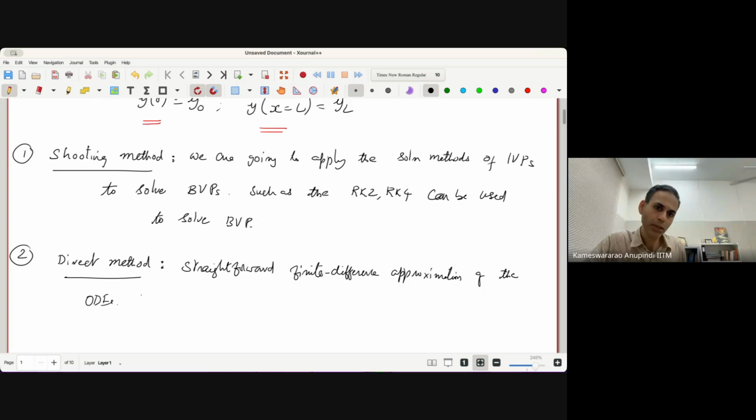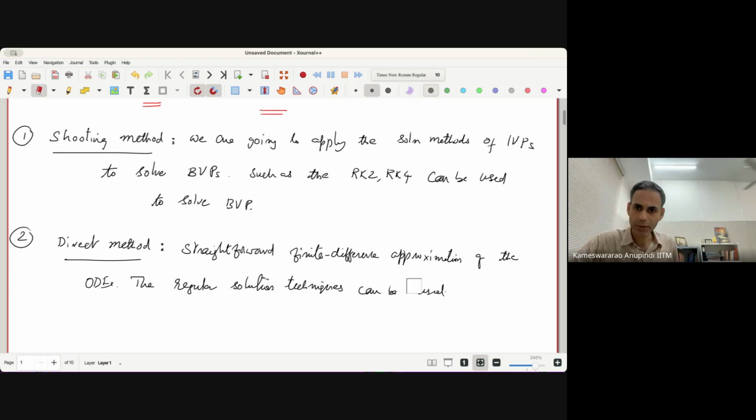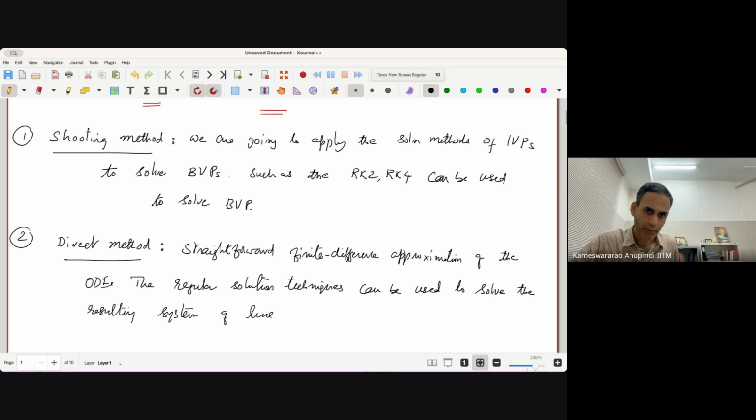Once you have the finite difference approximation of the ODE, the regular solution techniques can be used to solve the resulting system of linear algebraic equations.